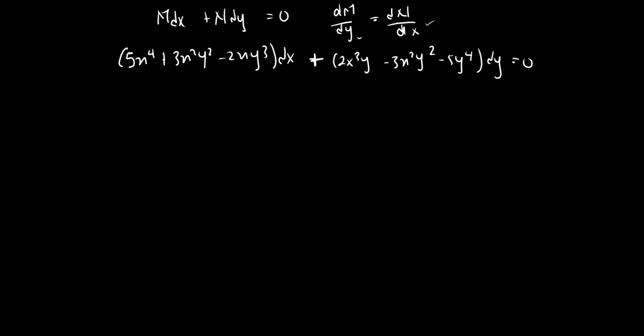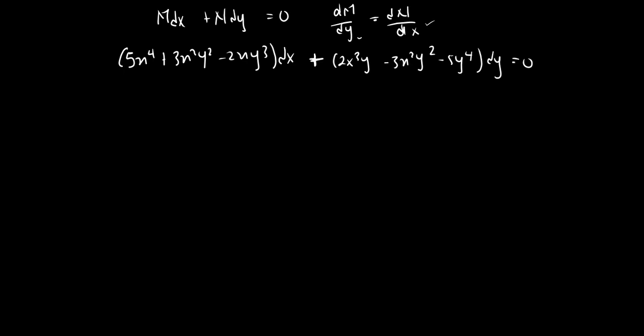The moment you see that they are equal to each other, you solve using exact differential equations, because it is easier to solve using the exact method than the homogeneous method. But it does depend on specific conditions. The homogeneous equation has its own conditions, and the exact differential equation also has its own conditions, which is that dM/dy must be equal to dN/dx.